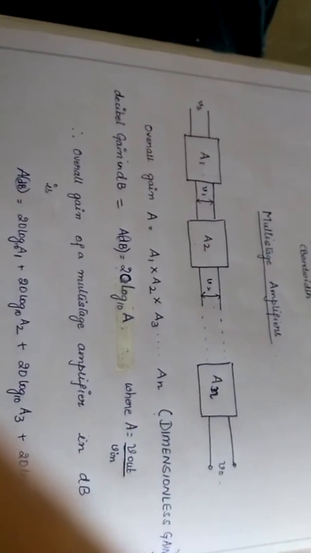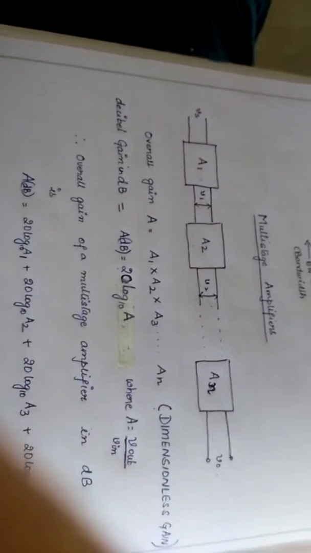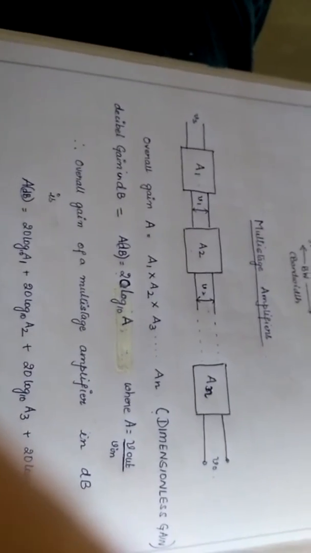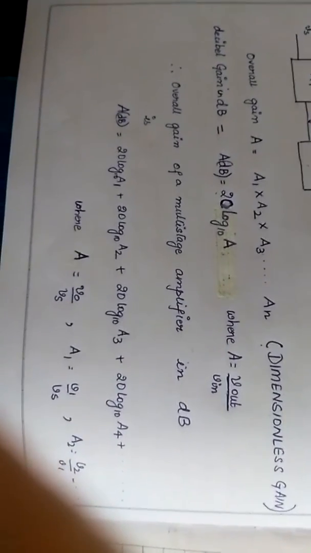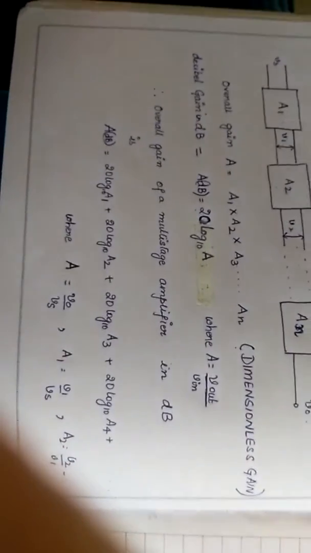Now another way of finding the overall gain, if we know the decibel gains of the individual stages, is that the overall gain is simply going to be the addition of the individual decibel gains.